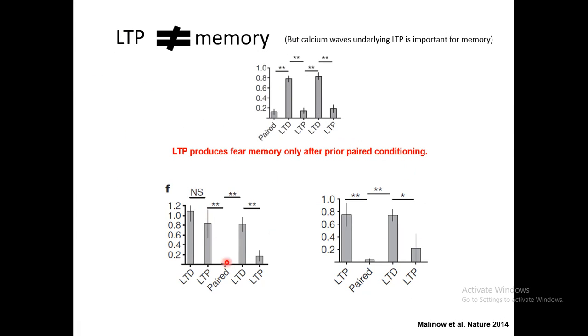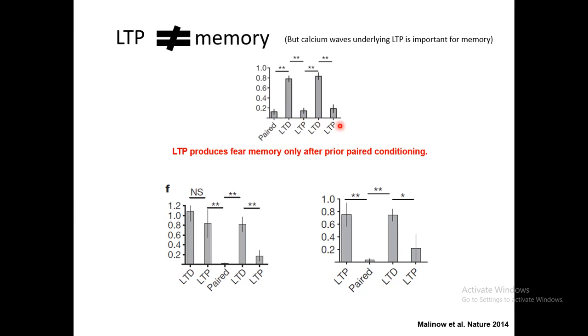But their research has also shown that LTP or LTD alone is not sufficient to evoke the memory. That means LTP and LTD protocols can give rise to plastic changes at the cellular level, but to encode memory, it requires a pairing event.